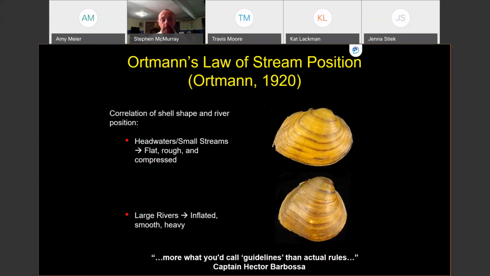Arnold Ortmann was a famous malacologist in the early 1900s, published a number of papers, and he observed over time that there's a correlation between shell shape and river position. So the same species found in headwaters and small streams is going to be very flat, rough, and compressed. And as you start to move downstream into larger rivers, it's going to be more inflated, smooth, and heavy. And like our good friend Captain Barbosa says, it's really more what you call guidelines than actual rules.